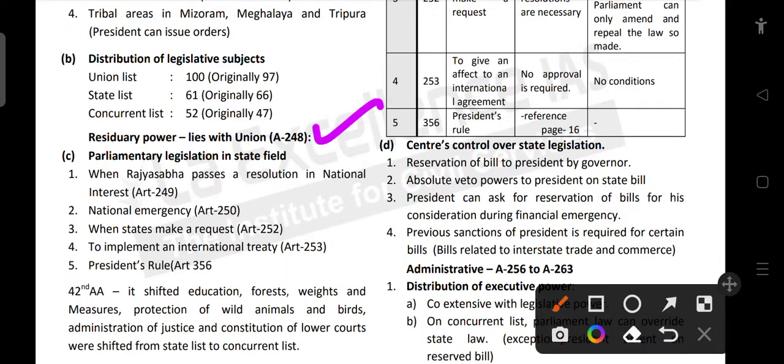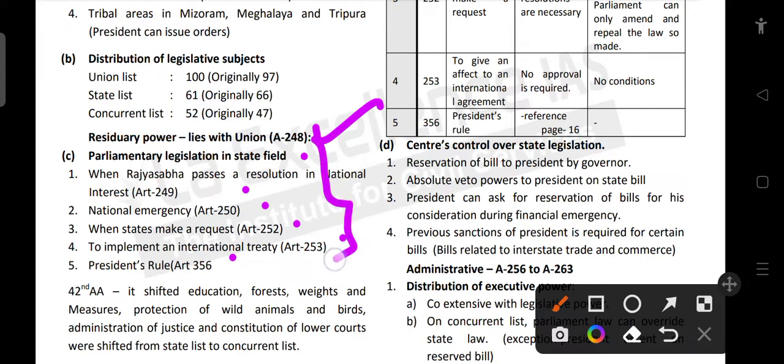Now parliamentary legislation in the state field. When can Parliament legislate on state subjects? When Rajya Sabha passes a resolution in national interest under Article 249, in case of national emergency under Article 250, when states make a request under Article 252, to implement an international treaty or agreement under Article 253, and in case of President's rule under Article 356.